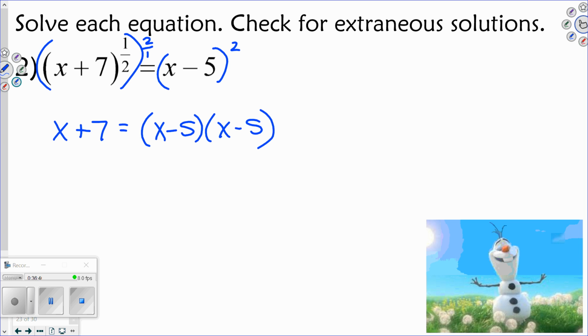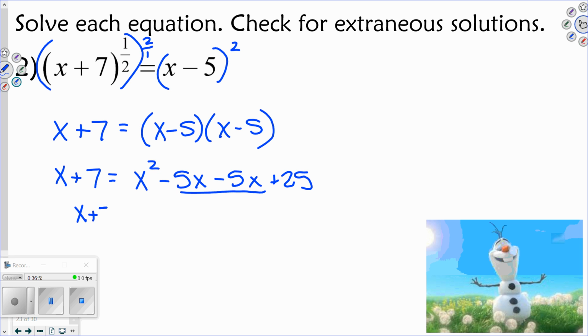Then we're going to have to distribute that. So we get x squared minus 5x minus 5x plus 25. Distributing all of that together. Some like terms in the middle there. So x squared minus 10x plus 25. Good. This one has to be set to 0 because I have an x squared term. It's positive where it sits, so I'm going to move everything to that side. So I'm going to subtract my x.